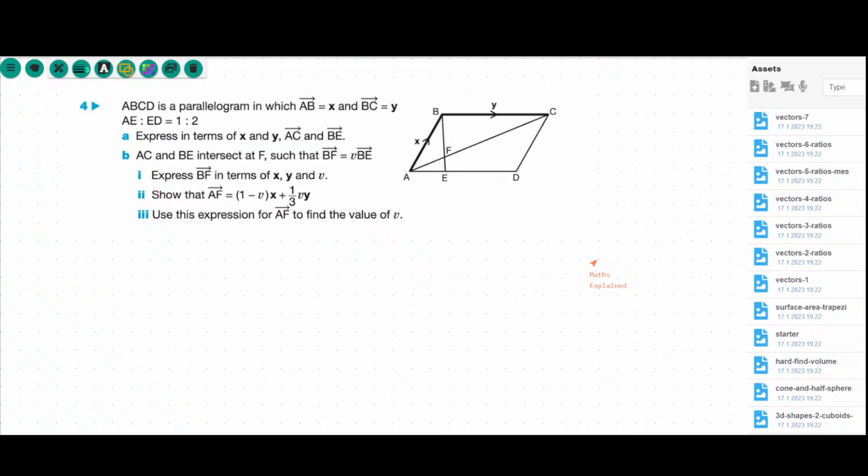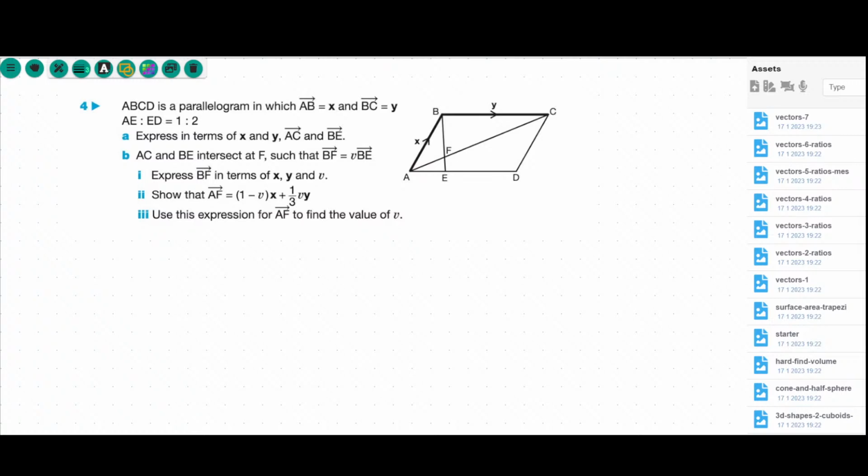Alright. So this isn't exactly ratios, but it's still vectors, so hopefully it's still useful to people. This one's more to do with equating coefficients, which is still a very useful skill in vector geometry questions.